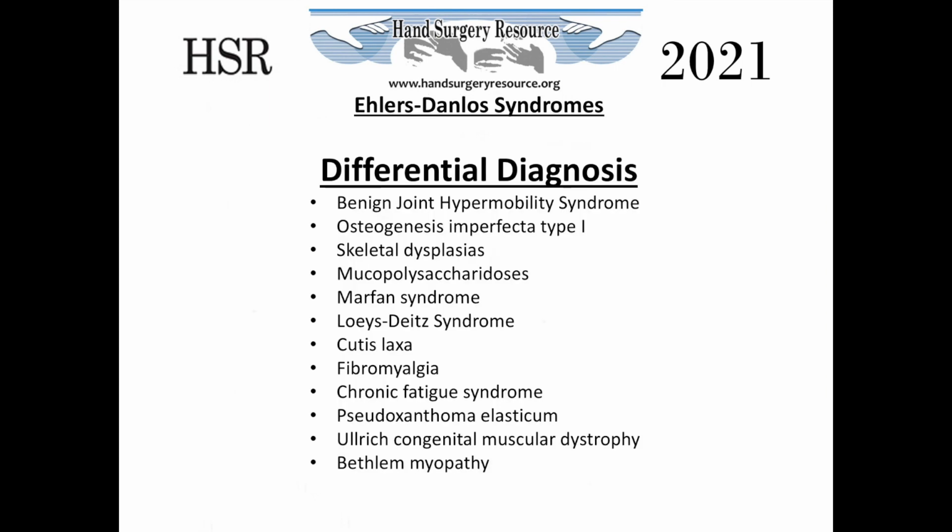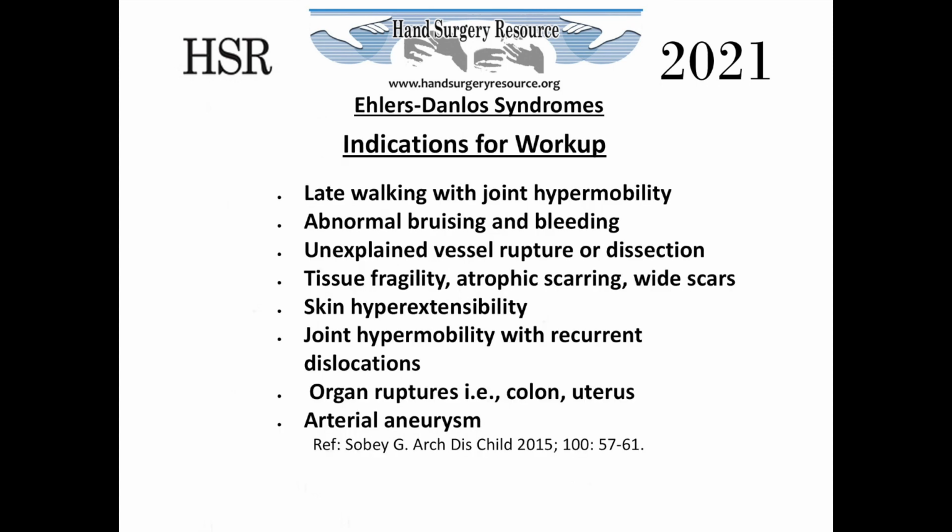Other diagnoses that are part of the differential diagnosis for Ehlers-Danlos syndrome are shown in this list. Some of these include benign joint hypermobility syndrome, osteogenesis imperfecta, skeletal dysplasias, Marfan syndrome, etc. When a patient presents, what are some of the signs and symptoms that mandate the need for a workup for Ehlers-Danlos syndrome?